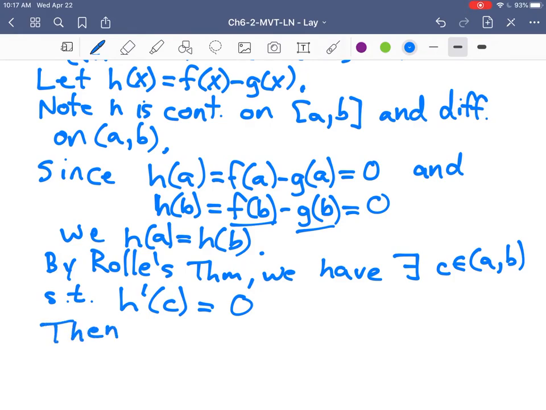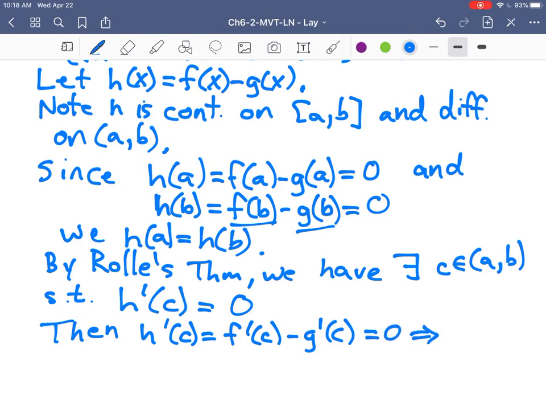Then what do we know? What is h prime of c? Well, h prime of c is equal to f prime of c minus g prime of c. So f prime of c equals g prime of c.